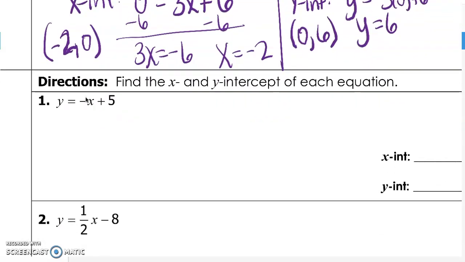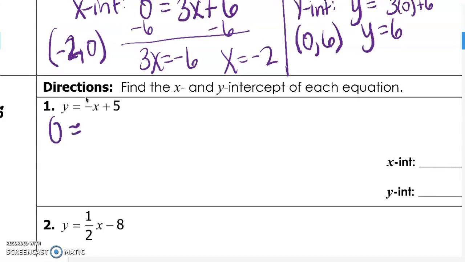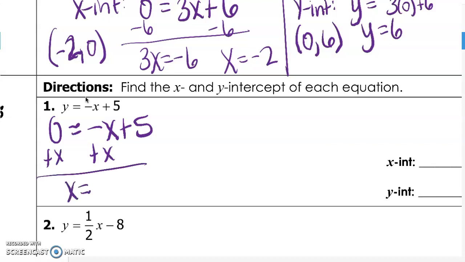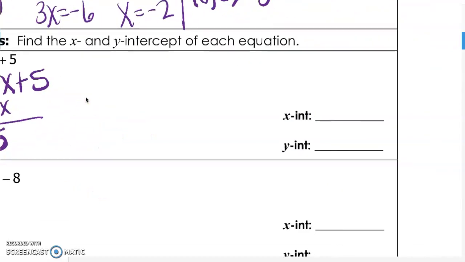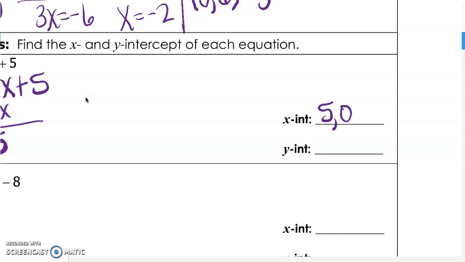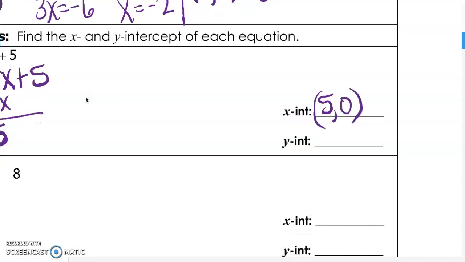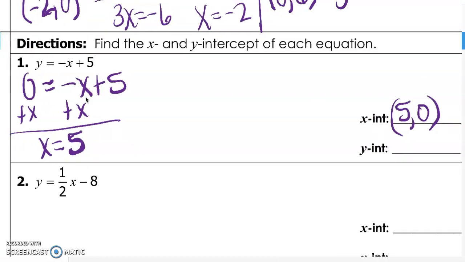So x-intercept, we do 0 equals negative x plus 5. So I'm actually going to add x and get x equals 5. So the x-intercept for this equation would be 5, 0. As an ordered pair, so you put the parentheses around it.